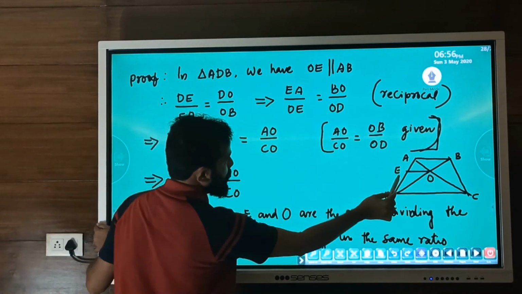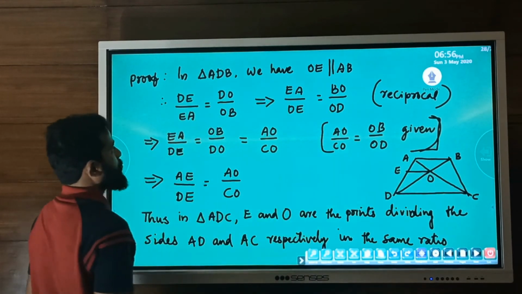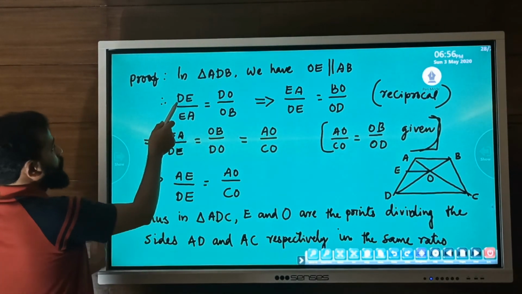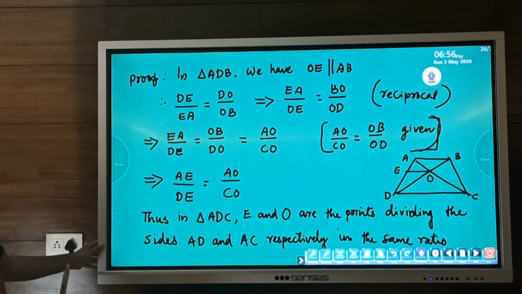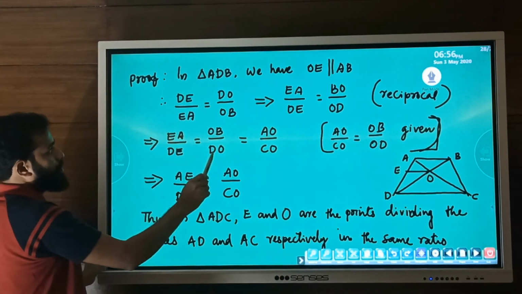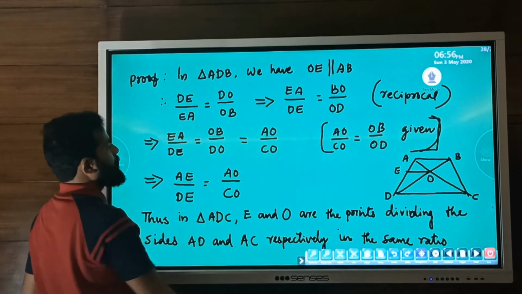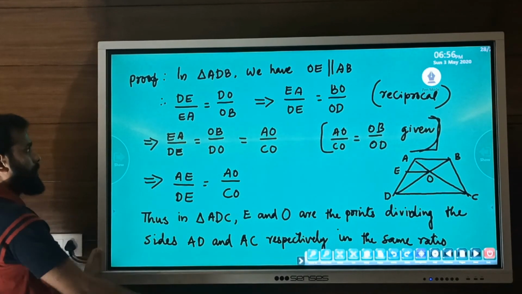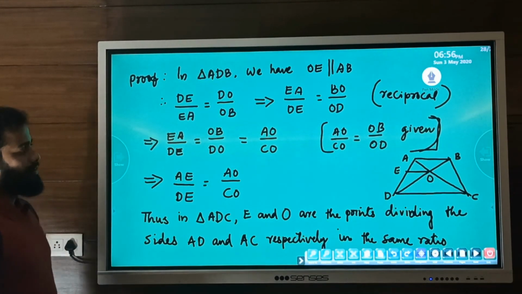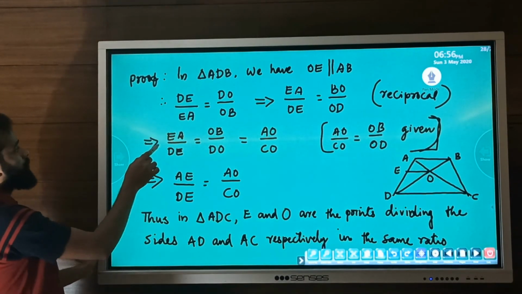So by the basic proportionality theorem, DE divided by EA is equal to DO divided by OB, which implies EA divided by DE equals BO divided by OD. That is the reciprocal of the ratios we have taken, which implies EA divided by DE equals OB divided by DO.